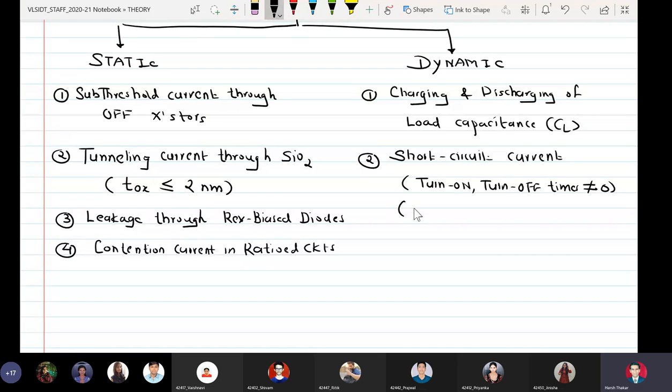You also know this as cross conduction or shoot through fault.